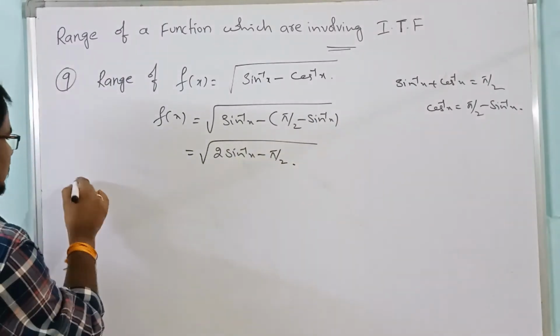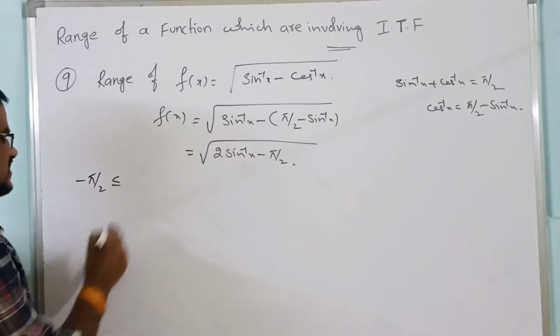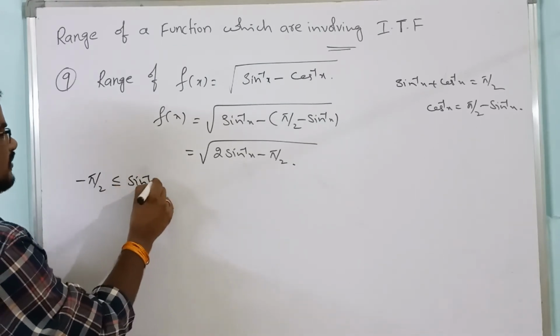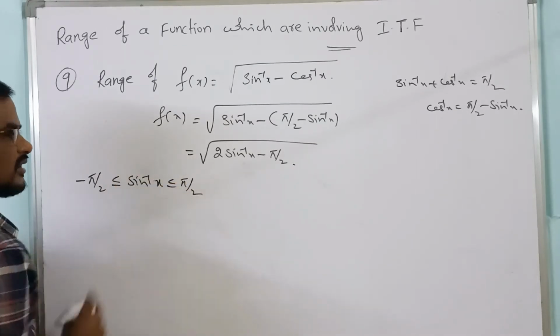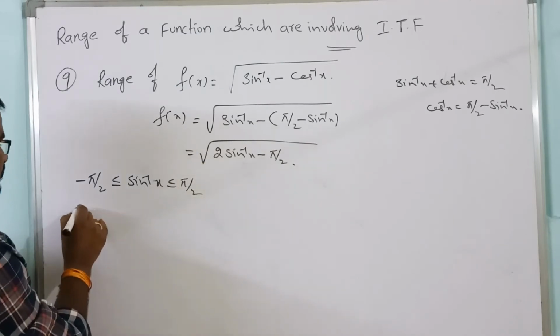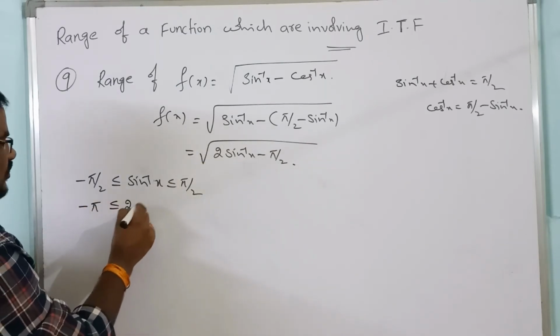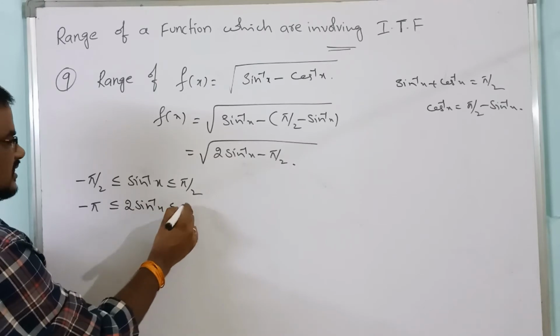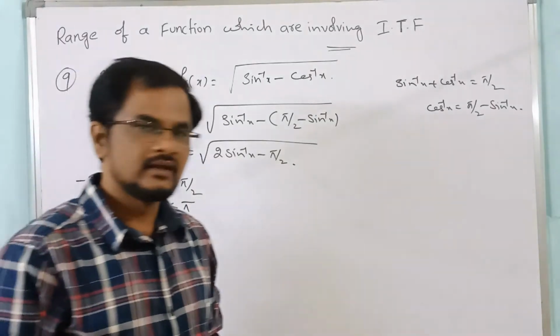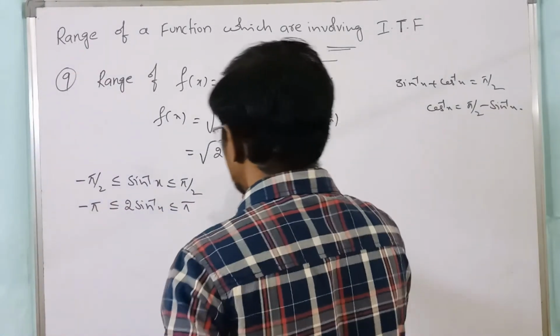But we know that sin inverse x exists from minus pi by 2 to plus pi by 2, right? So multiply with 2: minus pi less than or equal to 2 sin inverse x less than or equal to pi. Okay. And now what we have to do?